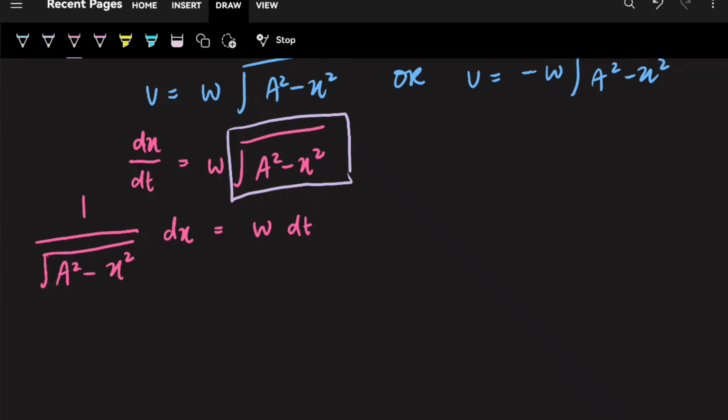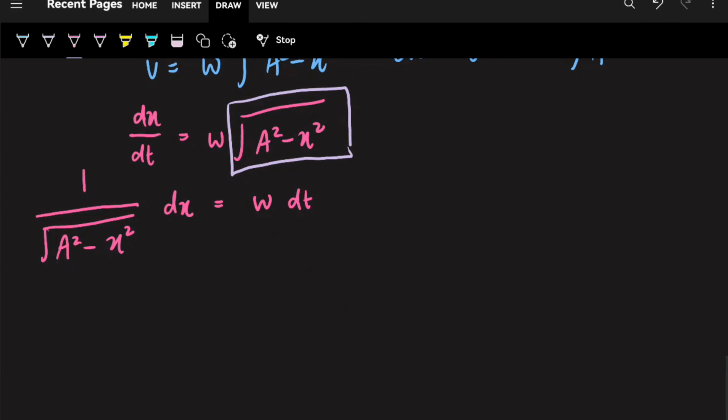Okay, so now let's get back to deriving. After that, what do you do with this equation? You integrate both sides. Now, this is actually a very rare function to integrate. And if I'm not mistaken, and I think I am not mistaken, this is not in pure maths 3.